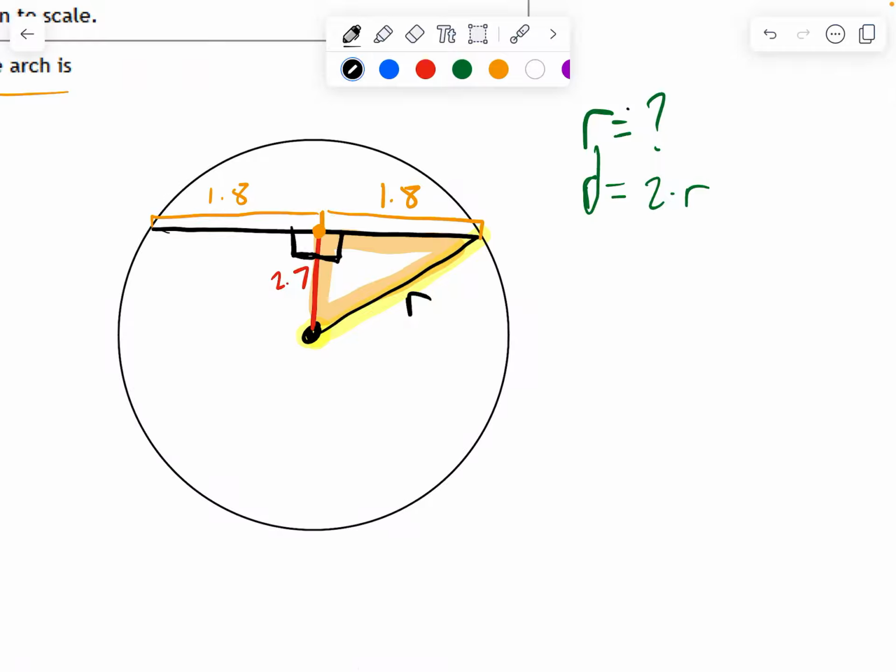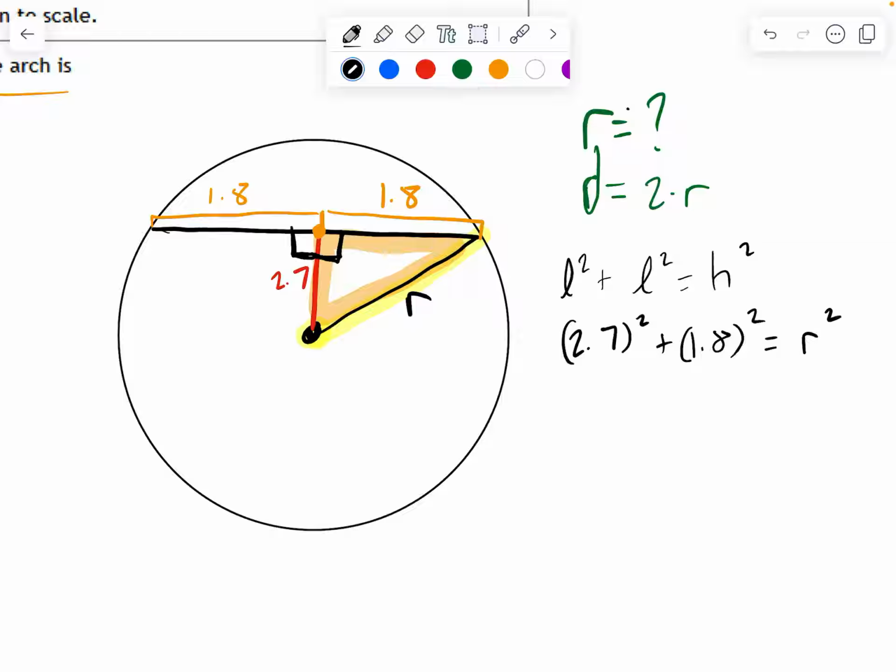Pythagorean theorem. We know 2 out of the 3 sides of this triangle. All we have to do is fill in what we know. Pythagorean theorem is leg squared plus leg squared equals hypotenuse squared. So we're looking at the 2 legs of my triangle, which is 2.7 and 1.8 in this case. So 2.7 squared plus 1.8 squared equals the hypotenuse of my triangle, which is my radius, squared.